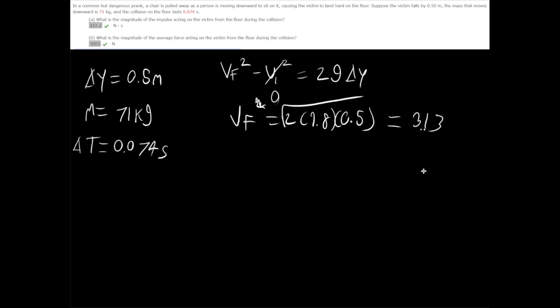Okay, now that we know the velocity, we know that the change in P is equal to mass times velocity final minus mass times velocity initial. Again, velocity initial is 0.